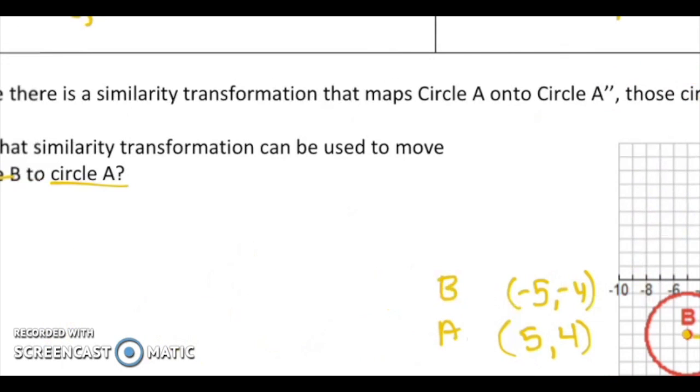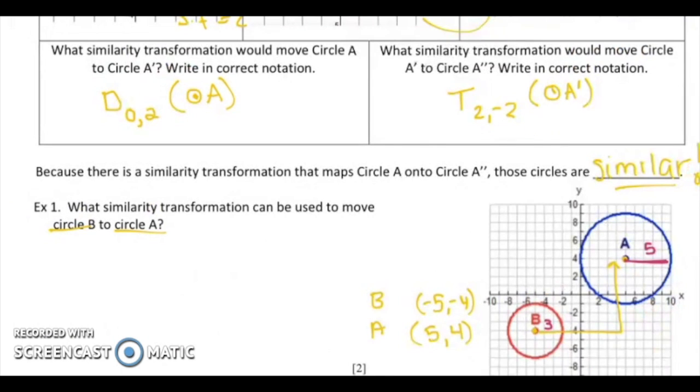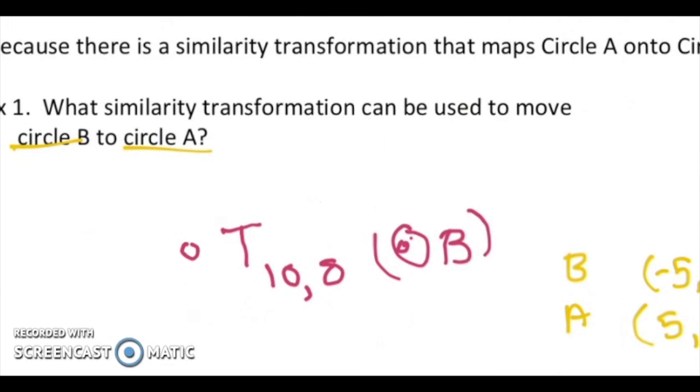So let's write our similarity transformation. I'm going to start with circle B. The first thing I'm going to do to that is translate it to the right 10 and up 8. So that takes care of moving it to the right and up. The next thing I'm going to do is dilate that.